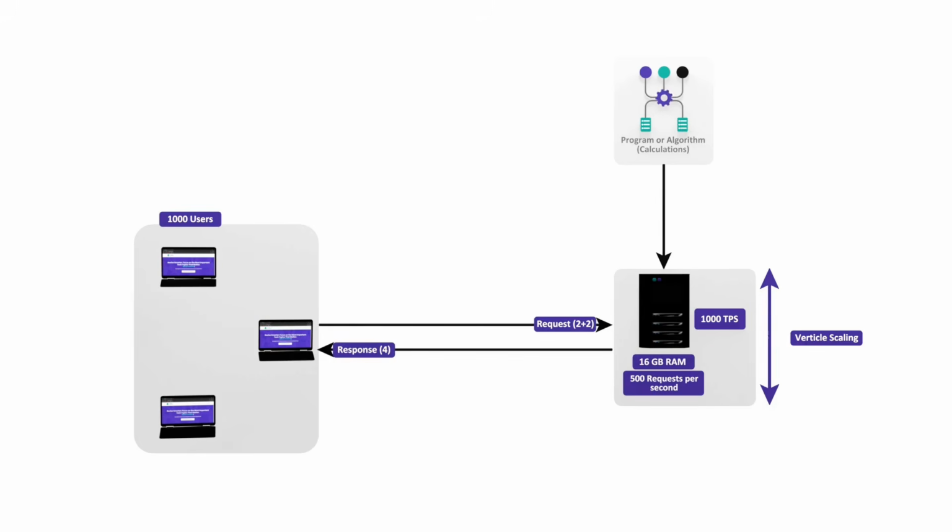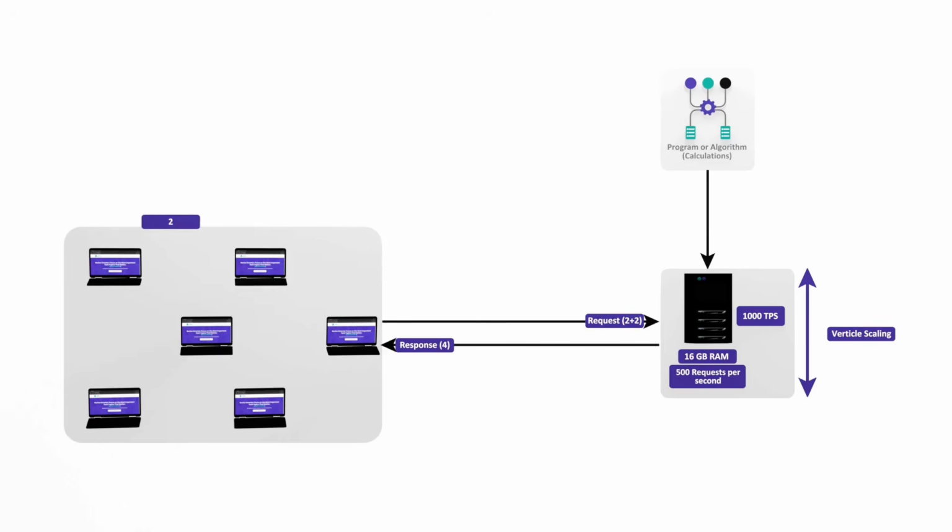Now let's say your consumers double again. So 2000 users want to hit your application every second, but your application is only able to support 1000 TPS. And now there is a limit, right? You can't keep on increasing a single machine, because there is a limit to how much infrastructure you can add to a single server.